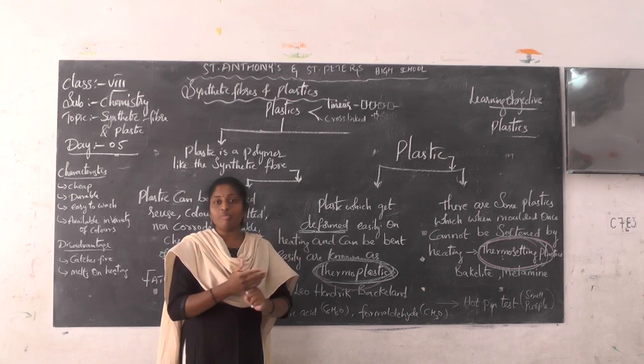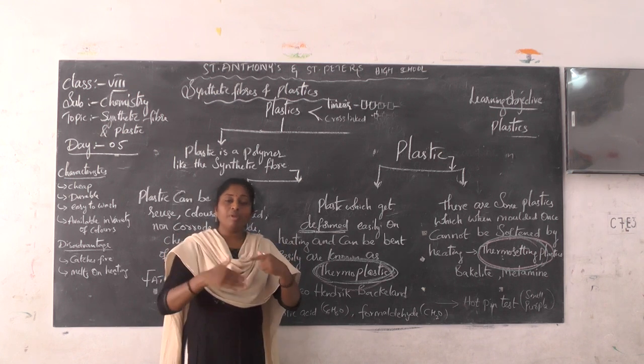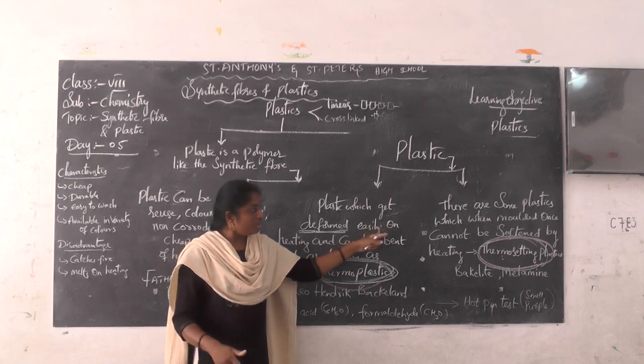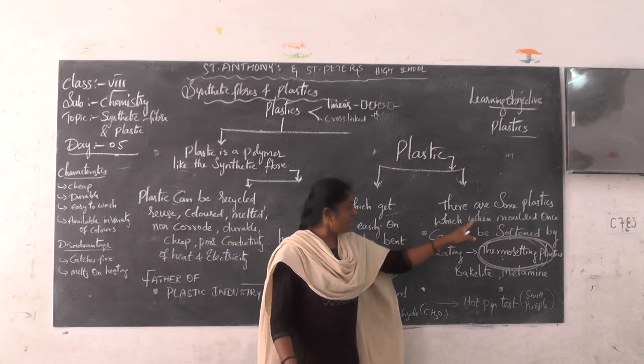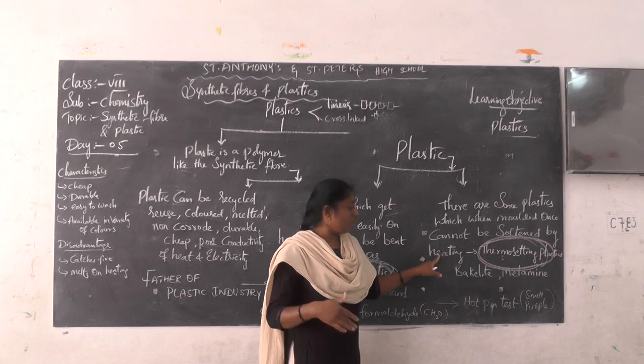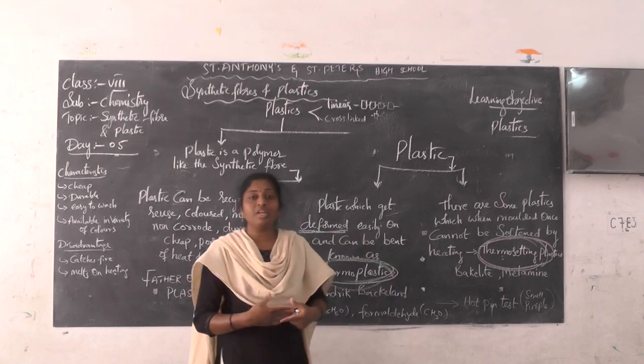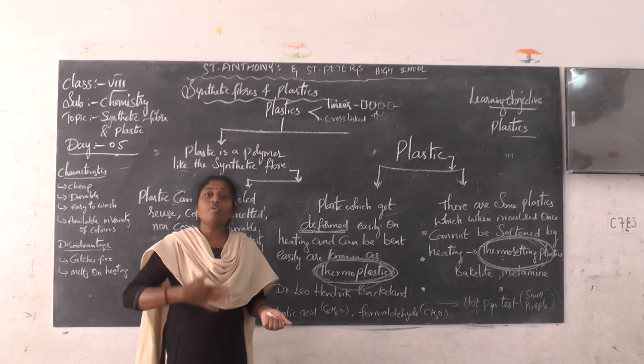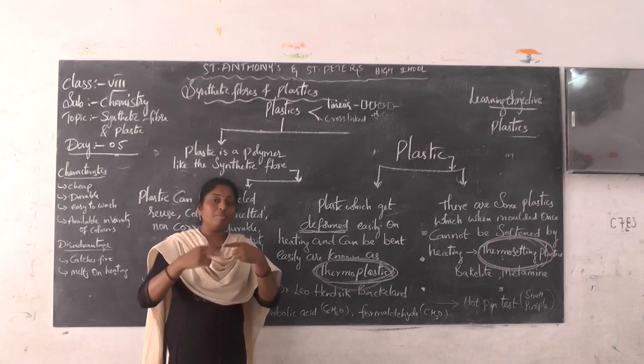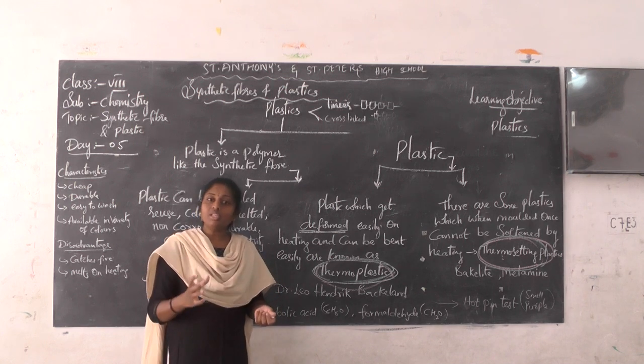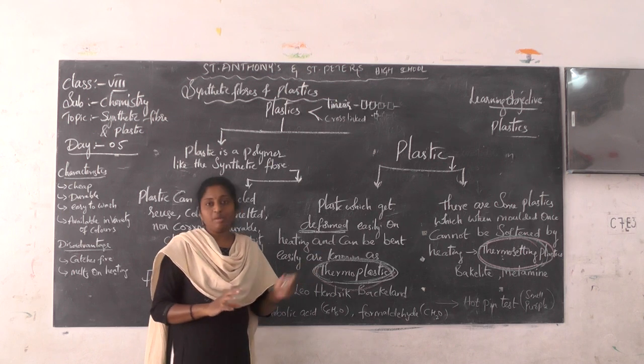Only one time it will be molded. Once molded, it cannot be softened, and even if you pass a large amount of heat and temperature, it won't be molded into another form. That is known as thermosetting plastic.